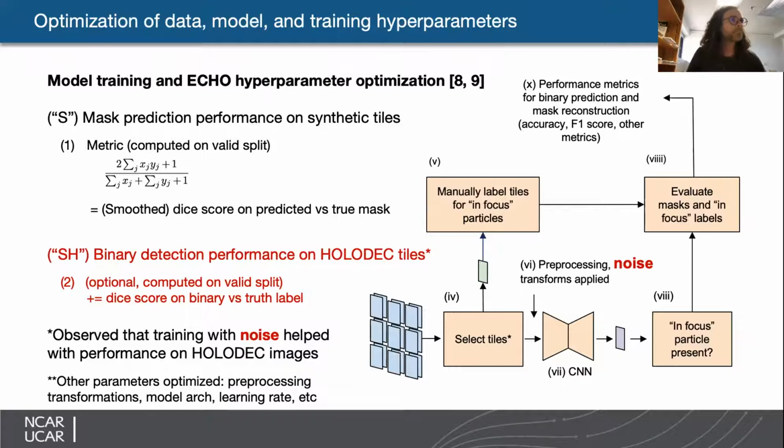Okay, now I noted earlier that we train models only on synthetic images, which means when I said I need this neural net to predict masks, I had to calculate some kind of metric, or a loss function, in order to say how well I'm doing, and then update the weights of the neural net accordingly. Because that's our task, predicting 1s and 0s in 2D, we're going to use something called a dice score, which is given by this.